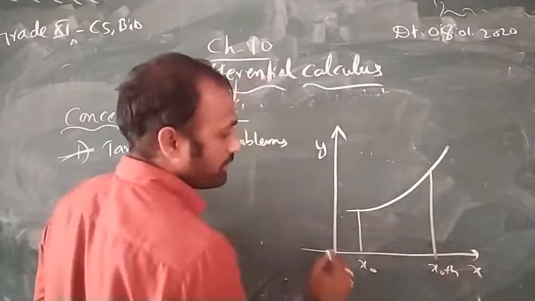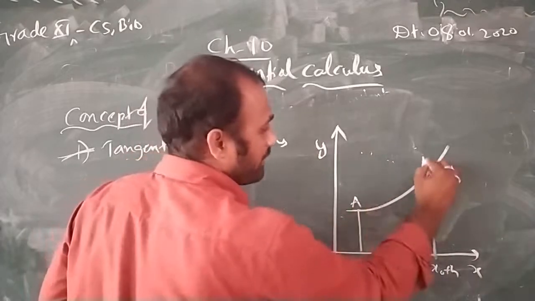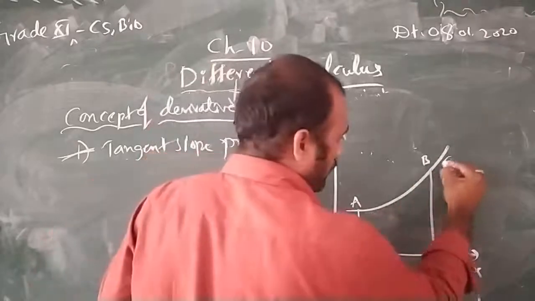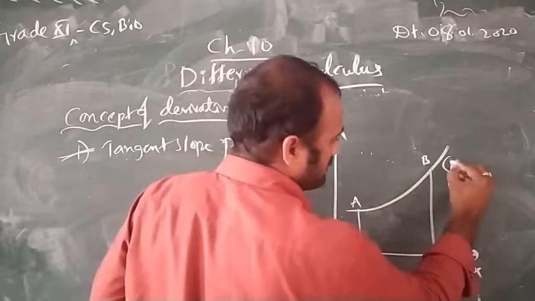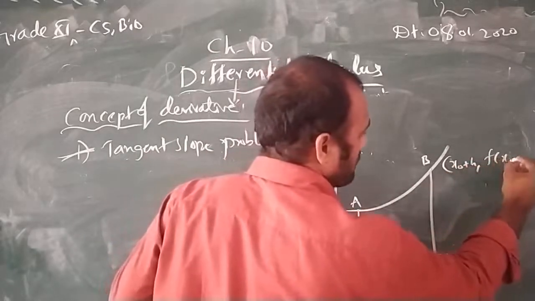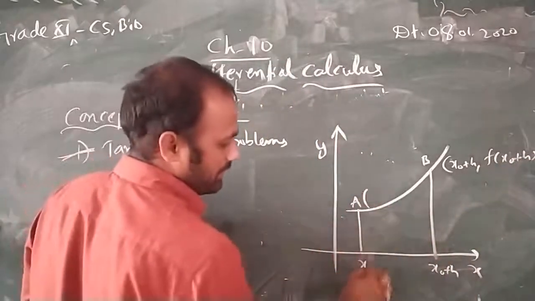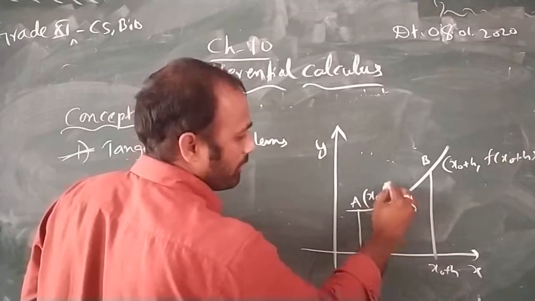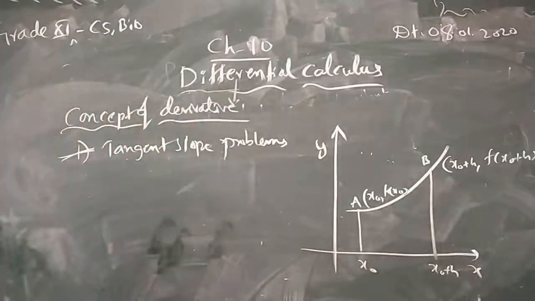Let the points be A and B. The point B is x0 plus h comma f of x0 plus h, and the point A is x0 comma f of x0.